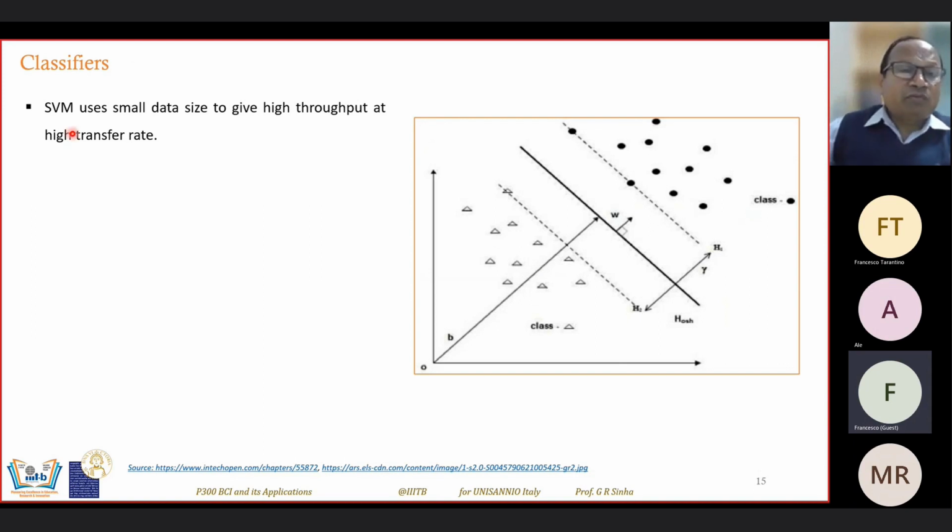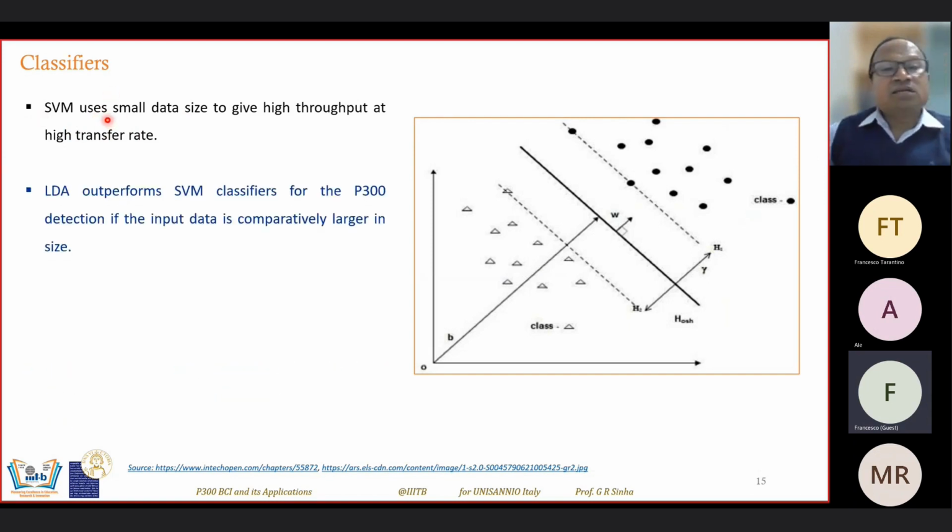So SVM, support vector machine, utilizes the small data size to give high throughput at high transfer rate. Therefore, this is also considered a very important classifier, because it can still work on a small data set, providing higher throughput. LDA, linear discriminant analysis, outperforms SVM for P300 detection if the input data is comparatively larger.